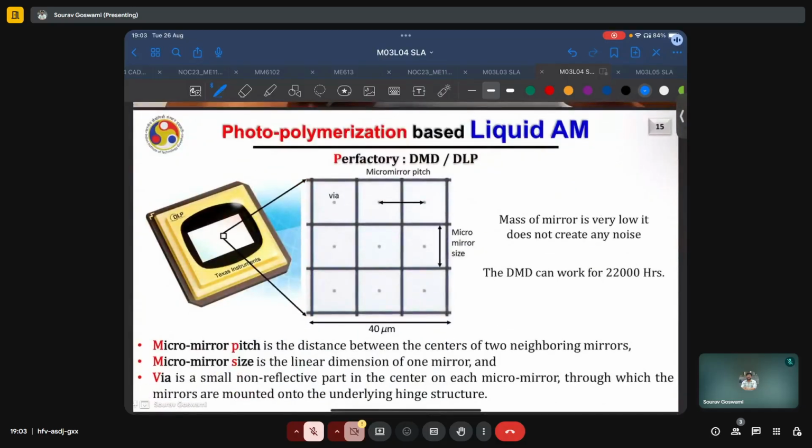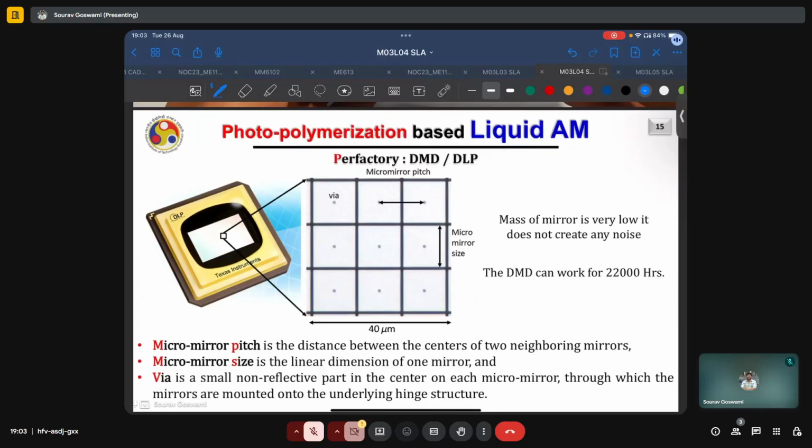We also have some basic terminology related to the digital light processing technology, which is summarized in this slide. We have the micromirror pitch, which is the distance between the centers of two neighboring mirrors.